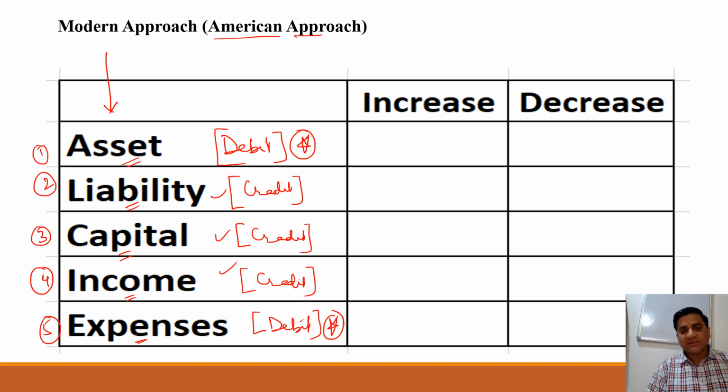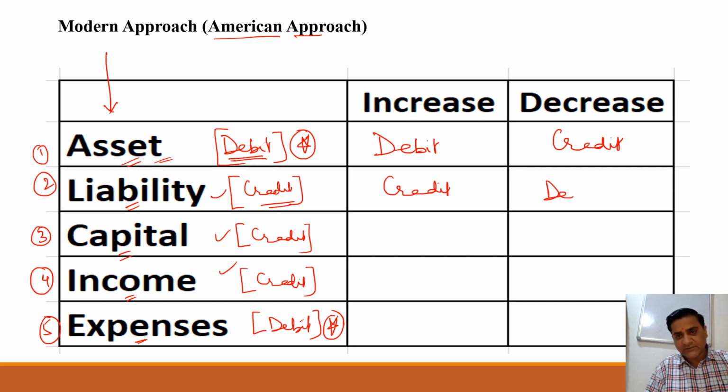When an asset increases, since it has a debit balance, it has to be debited. The reverse would be for a decrease. Similarly, when any liability increases it has to be credited, with the reverse for a decrease.